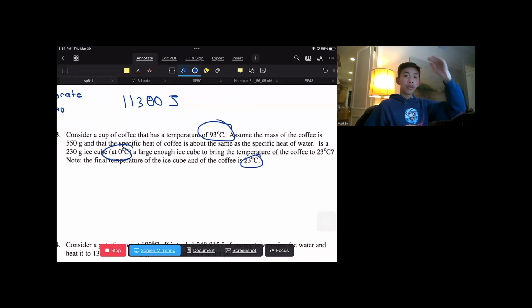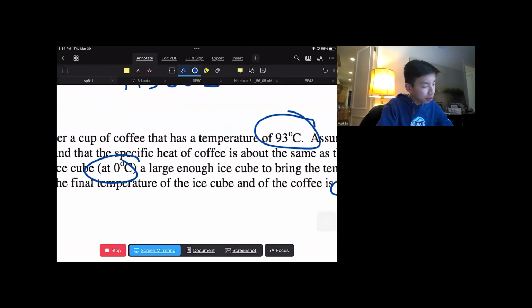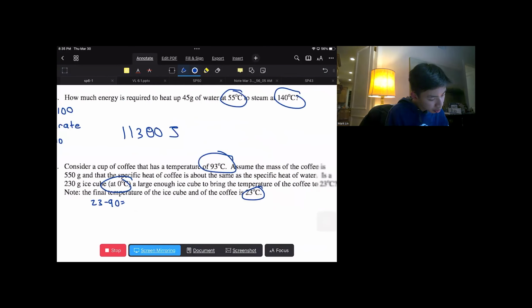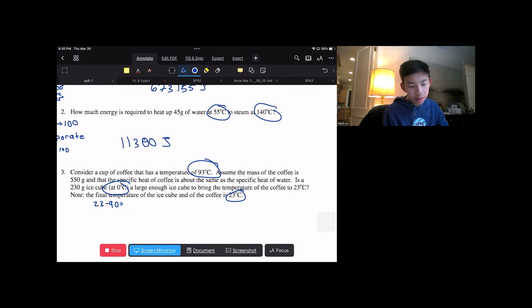So when the coffee cooled, the initial was 93 and the final was 23. That temperature change is going to be 23 minus 93, my bad, which gives negative 70.